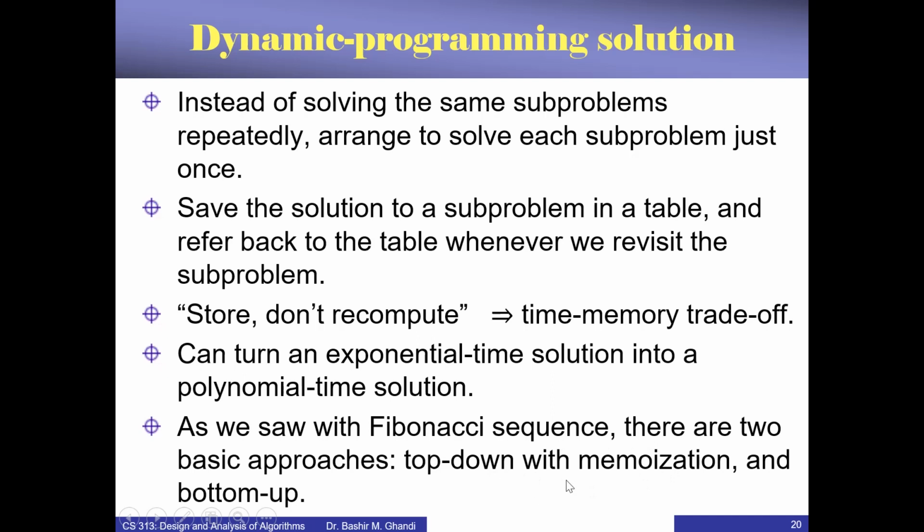We're going to look at the top-down approach first in this case, because it's very similar to the recursive algorithm that we just saw. So just modify the algorithm so that it uses a table to save the result, and that will give you the memoized version.